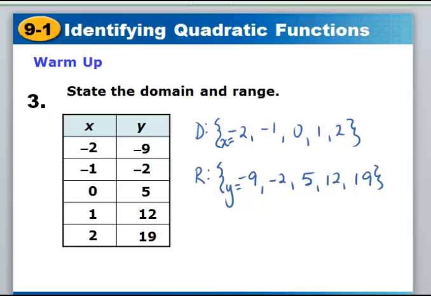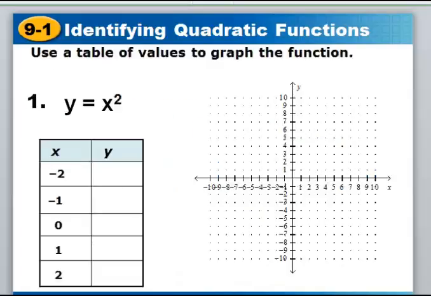Okay, what we're going to be doing, first of all, is using a table of values to graph a function. So you do that in the same manner you do with your linear functions, where you just take the negative 2 and you plug it in. So what we're really saying we have is y equals negative 2 squared, and the negative is being squared as well, so we get 4.